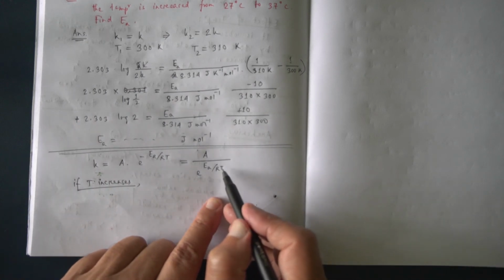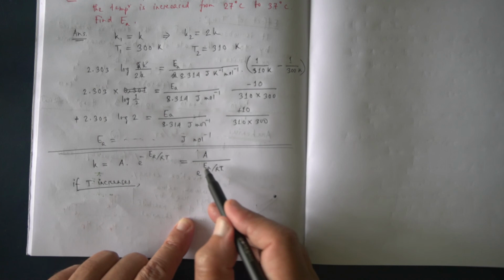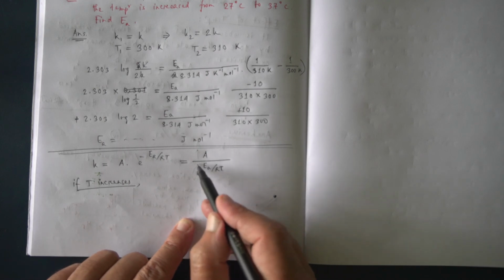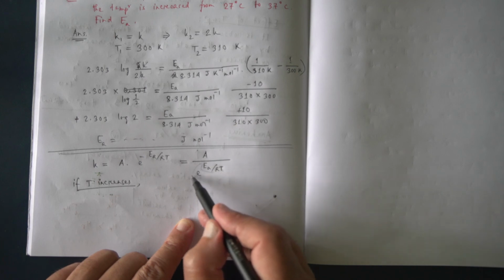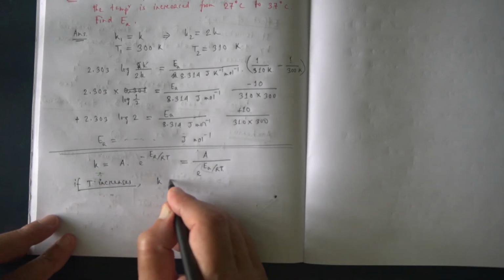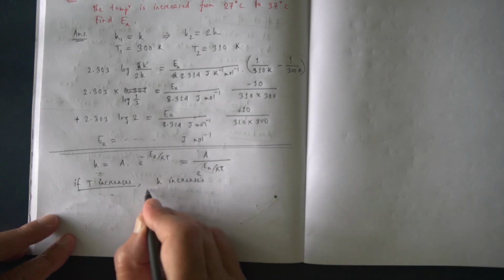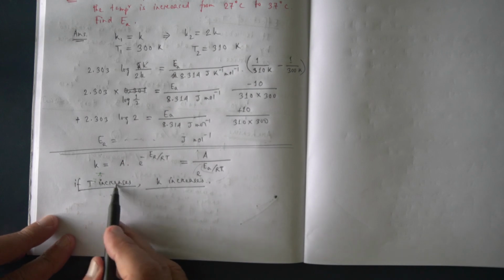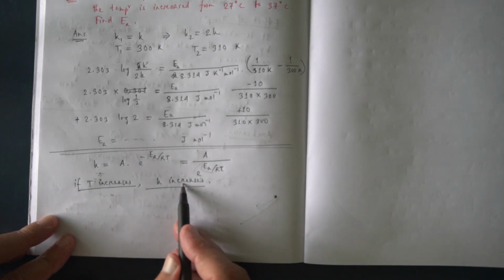T increases means this decreases, that means this decreases, so K increases. Okay, that means as temperature increases, rate of reaction increases.